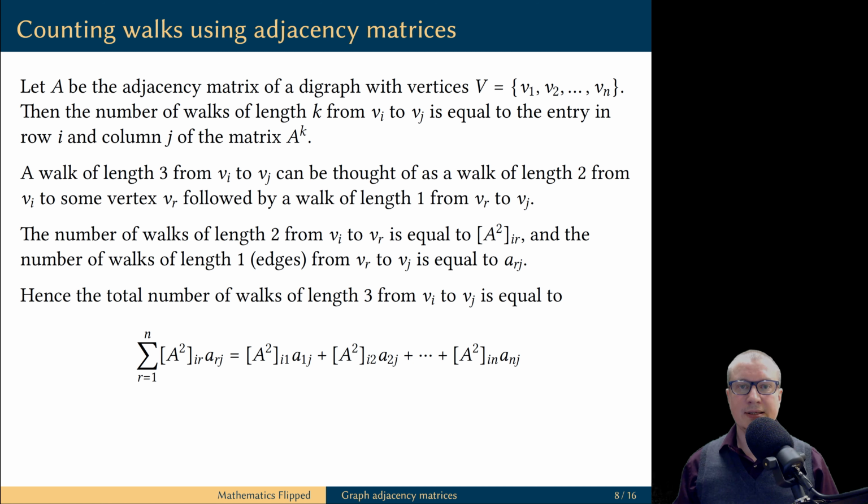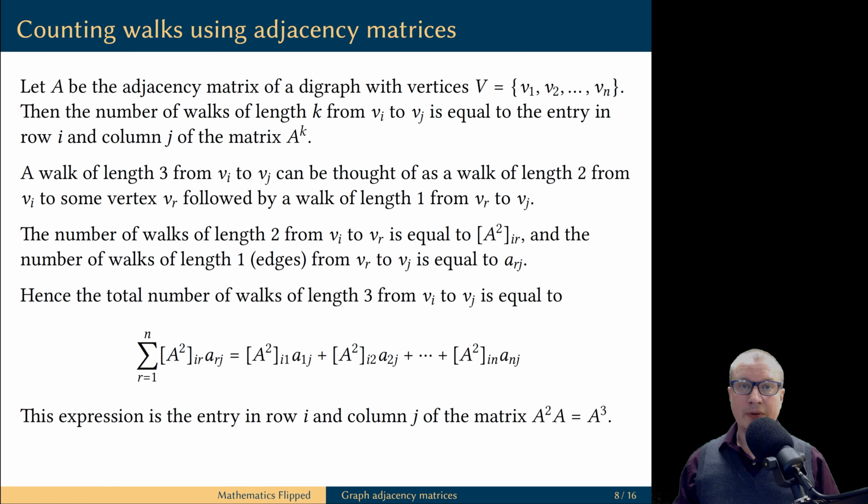And so this tells us the total number of walks of length 3 from Vi to Vj. For this, we simply add the number of walks for each fixed vertex Vr. But now again, you should be able to recognize that this expression corresponds to the entry-by-entry formula for the entries in the product matrix.